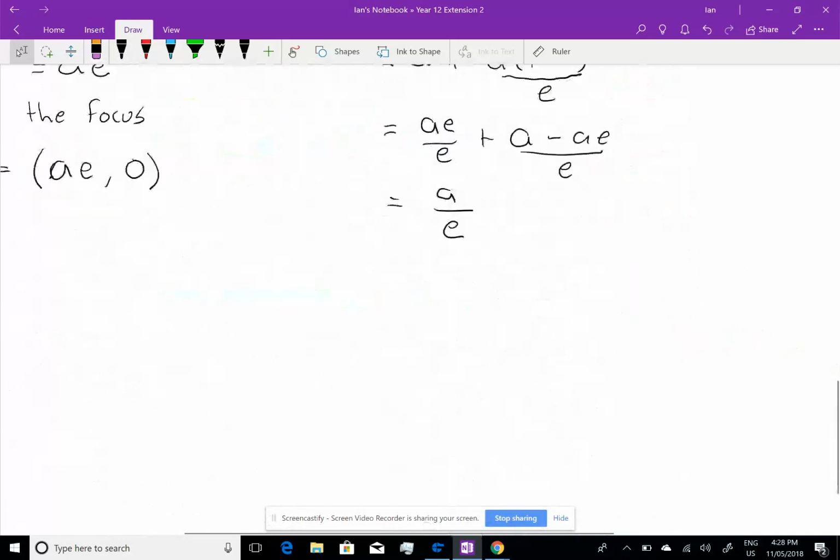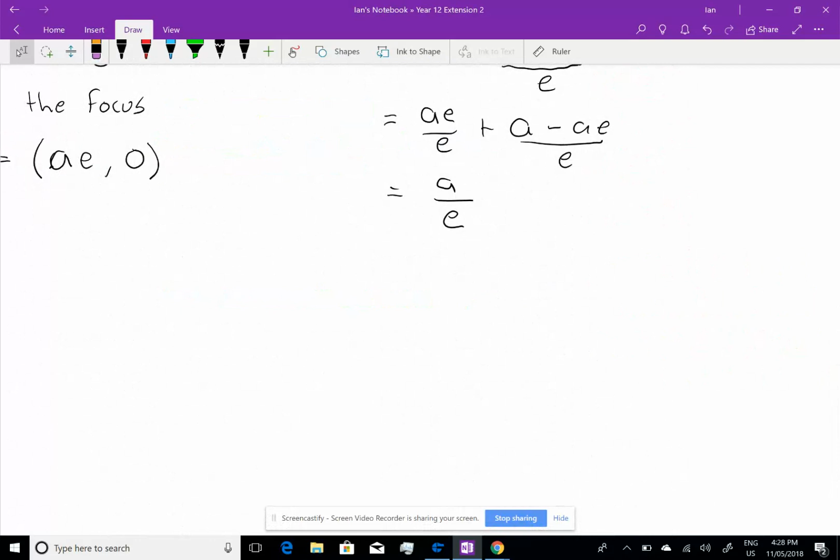So the coordinates of Z are A on E and 0, which means the directrix is X equals A on E.